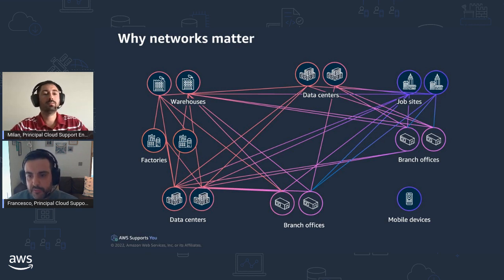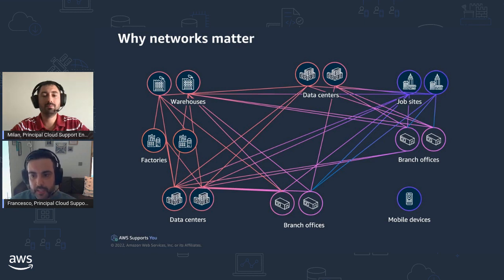So there are a lot of different architectures that our customers are building on top of AWS, but they all have one thing in common, and it's the use of the network. Milan and I have been working here at AWS primarily on networking services, and we help our customers build and troubleshoot their applications and solve problems any time they encounter one, and try to have them make the best decision regarding their networking design.